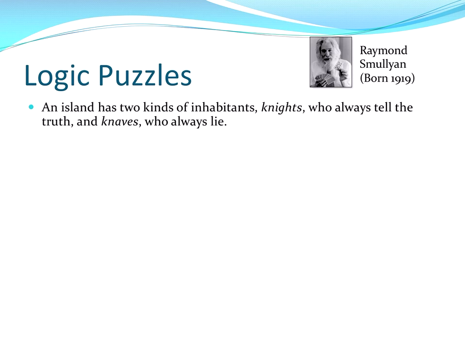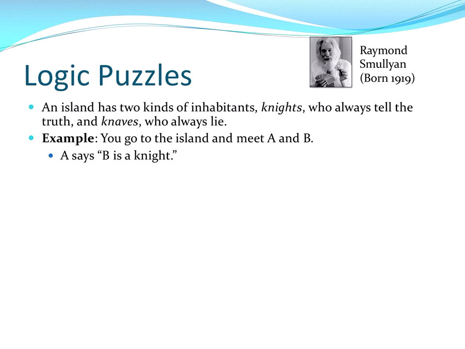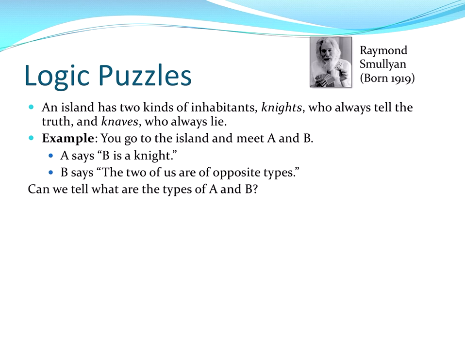An island has two kinds of inhabitants, knights who always tell the truth and knaves who always lie. All right, so in our example, we go to the island and meet two people, A and B. And A says B is a knight, and B says the two of us are opposite types. So the question is, can we tell what are the types of A and B?